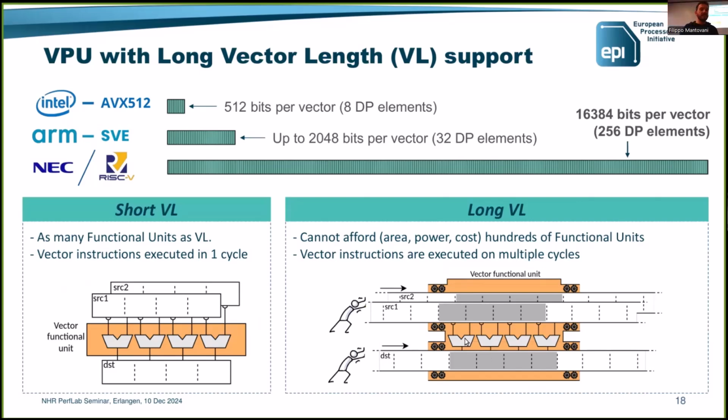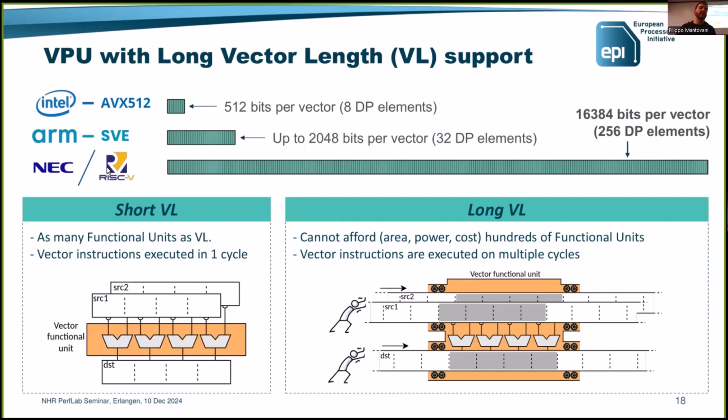And now we attach a vector processing unit that is a wide SIMD unit. So here you have the comparison of which size of vector we are able to handle, okay? SIMD, I gave you the example a few moments ago, 8 double precision elements per instruction, okay? ARM with SVE allows up to 2048 bits, so 32 double precision elements per instruction.